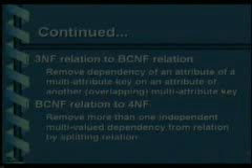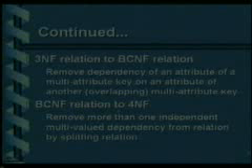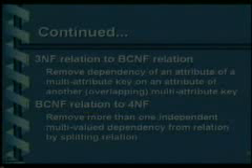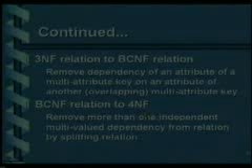So for that only this BCNF, which is more stringent than 3NF, is required. BCNF relation to 4NF, basically we are looking at multi-valued dependencies. Remove more than one independent multi-valued dependency from a relation by splitting the relation. Once again, the procedure being followed is split, decompose.